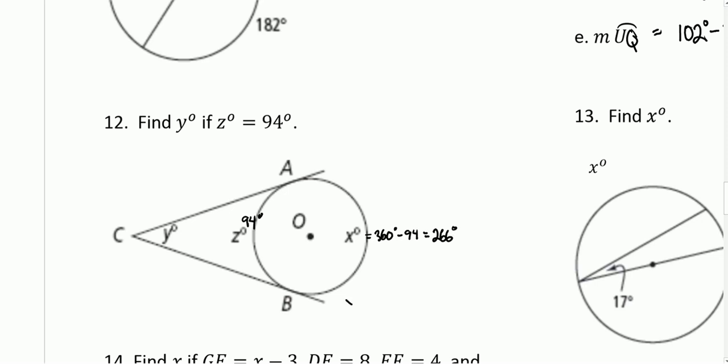And then Y is going to be 1/2 of 266 minus 94, which is 1/2 of 172, which is 86 degrees.